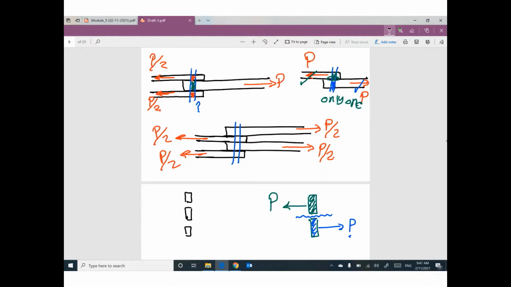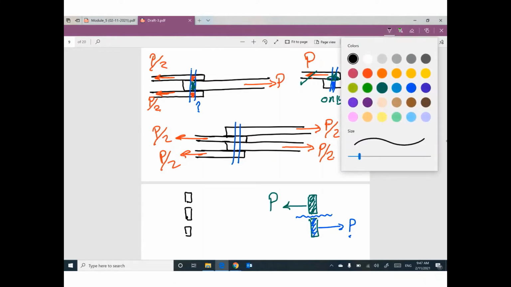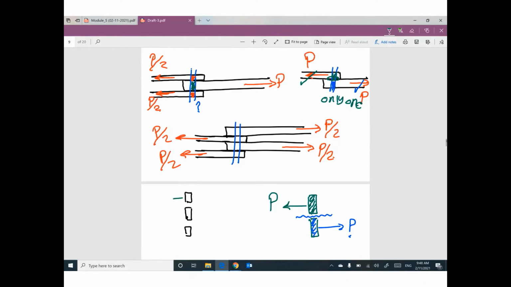What do you think? The upper part will move in which direction? Following this member. The lower part following this member. What about the middle part, following this member? That makes sense?